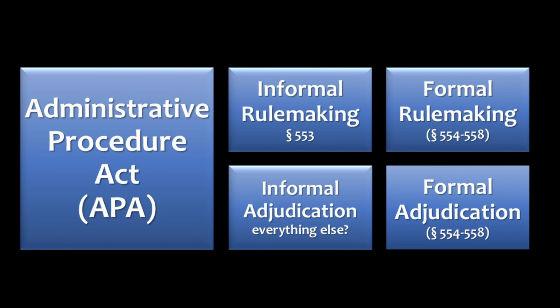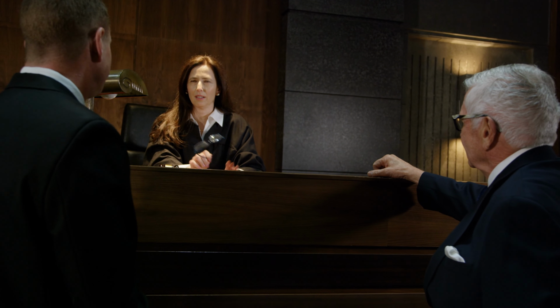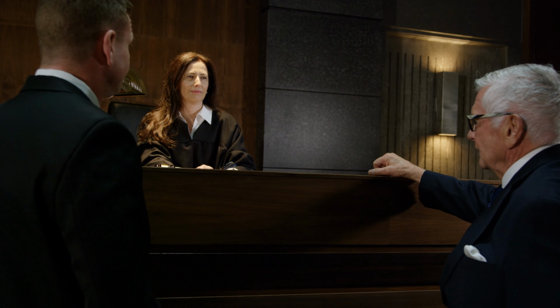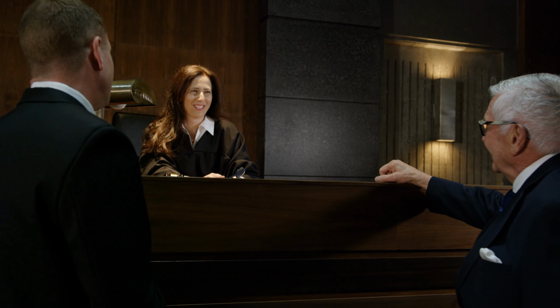Under formal adjudication, we have a trial-like proceeding at the agency level to resolve an individual's case. There's usually an administrative law judge, often wearing a judge's robe in the hearing room, and the hearing is held on the record. In other words, there will be transcripts and a final written opinion of the judge's decision.